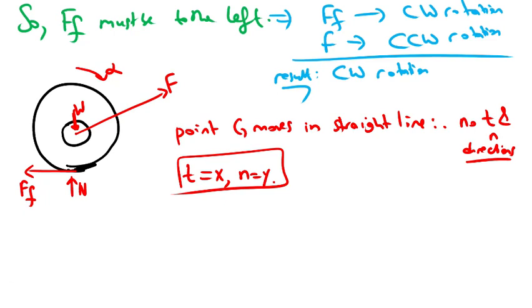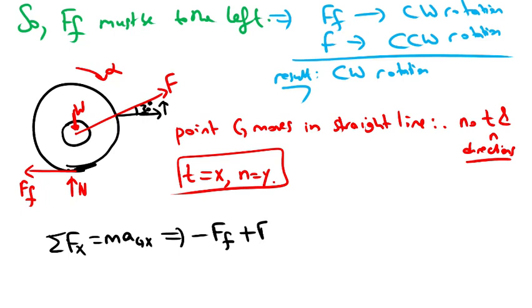The first is that the forces acting in x direction result in an acceleration in x direction. So we have negative F_f, and we have the components of F, which is at 30 degrees, so that will be plus F times cosine 30 degrees, that will be equal to m a_gx in x direction.